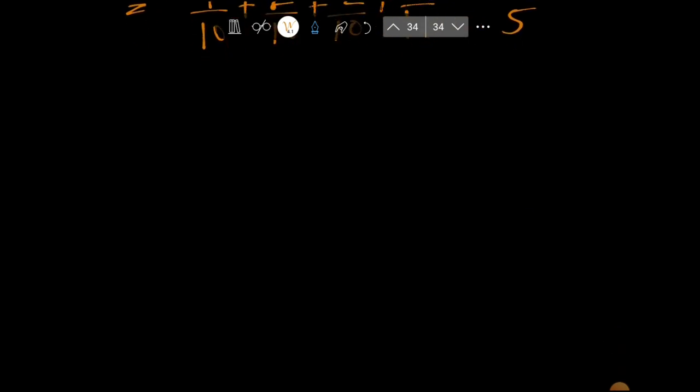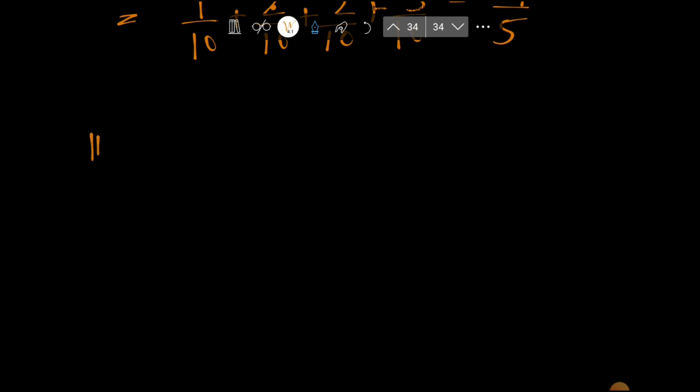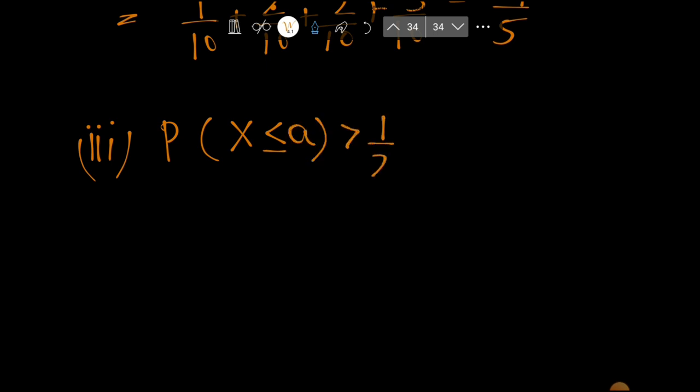By the trial method, we find when the probability of x less than or equal to a is greater than 1 by 2. So by the trial method we get a is equal to 4.